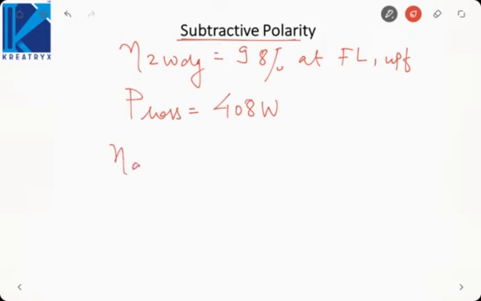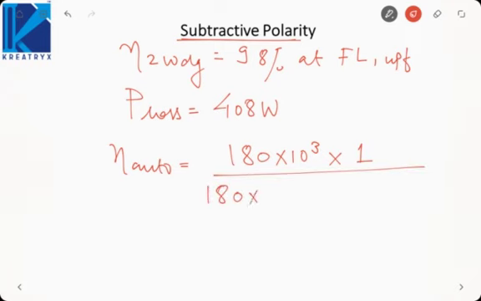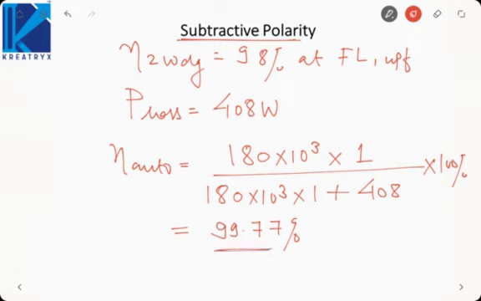Now if we take eta auto, the power is 180 kVA, 180 into 10 raised to the power 3 into unity power factor 1, over 180 into 10 raised to the power 3 plus losses of 408 watt, into 100%. So this comes out to be 99.77%. So here also we can see, even in a series subtractive polarity, the efficiency of auto transformer is way higher than the two winding transformer.